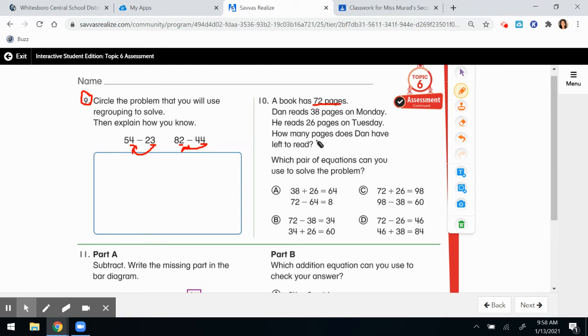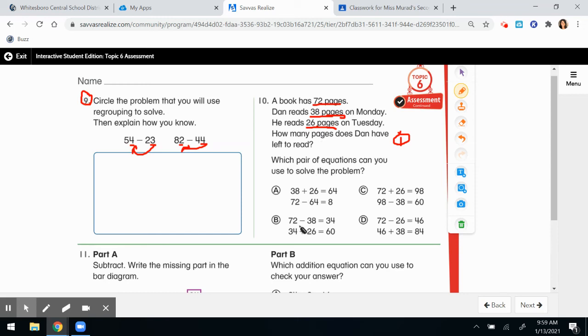So that's going to be the first step. I know he read 38 on Monday and 26 on Tuesday. So step one is to find out how many pages he read altogether. So you're looking for an equation that has 38 plus 26 first.